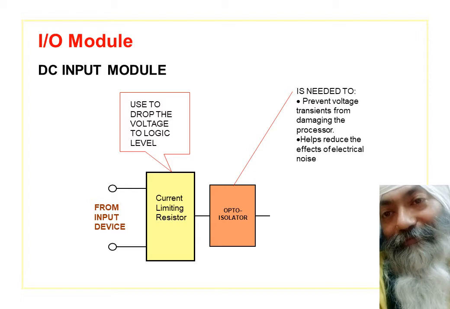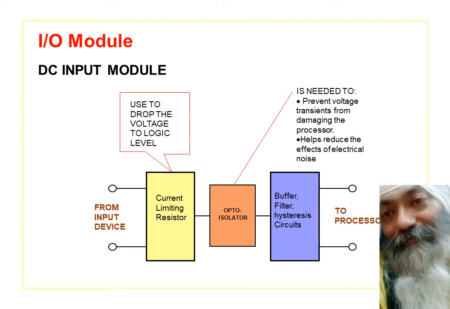It also helps in reducing the effect of electrical noise, and we will discuss the working structure of opto-isolators in subsequent slides in this very session. We see how the opto-isolator is absolutely essential in both input as well as output modules. And finally, we have a buffer, a filter, and circuits which go to the processor after due conditioning.